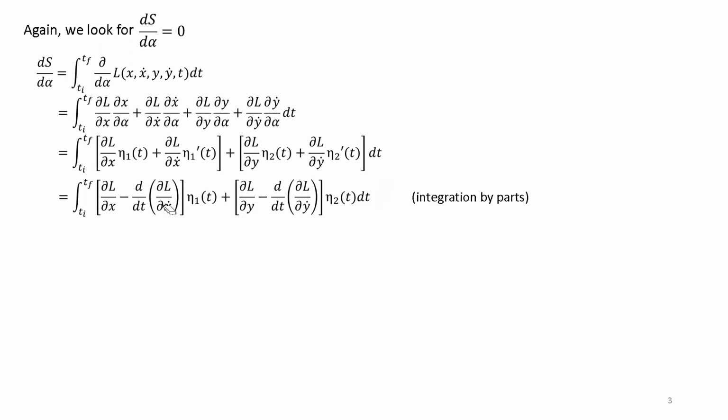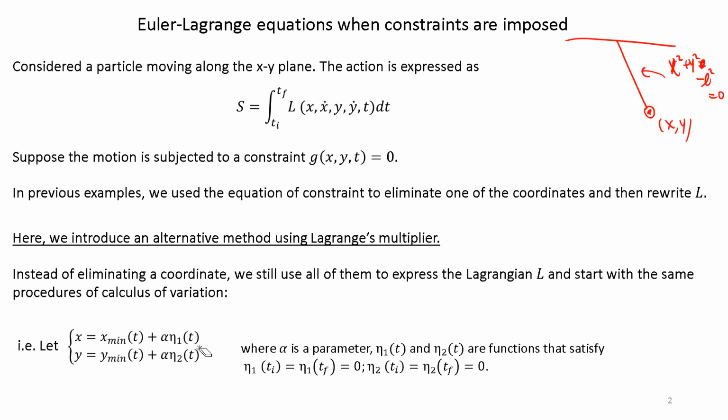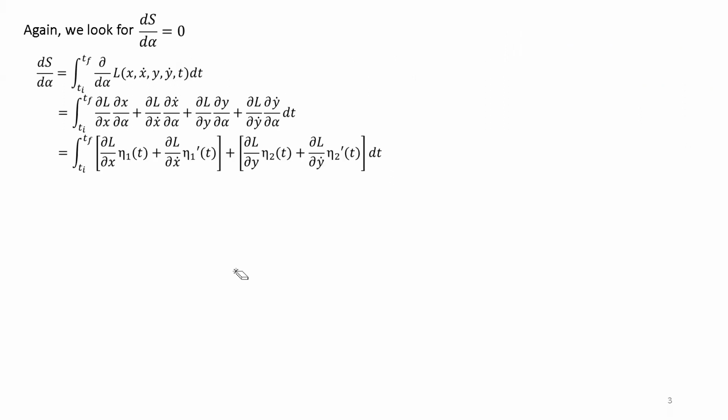Now you can see that I have these two Lagrange equations: the Lagrange equation for the x direction, and the Lagrange equation for the y direction. So far so good. If x and y are truly independent, meaning they are not under any constraints, then you can safely say that eta 1 and eta 2 can be picked arbitrarily, without any correlation.